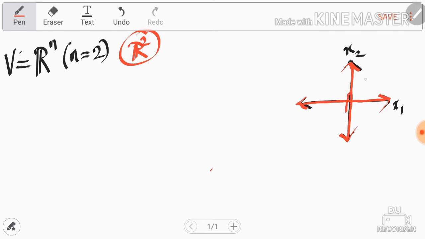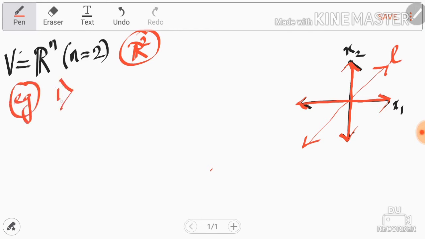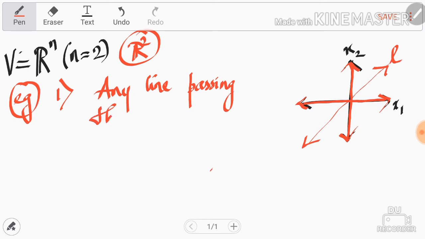Even for that matter, you consider any line passing through the origin, it can be considered as a vector subspace of R2. So as an example, we have the first one as any line passing through the origin.